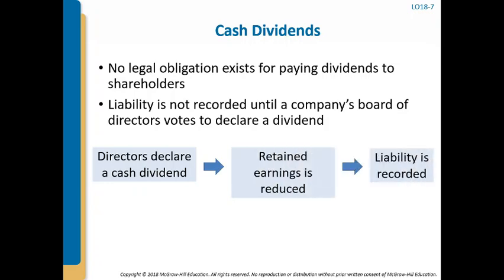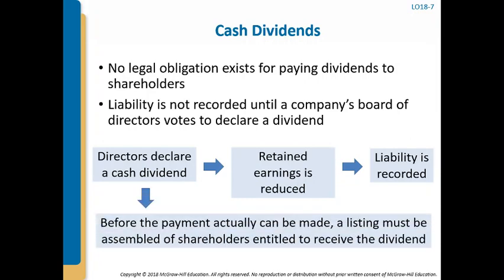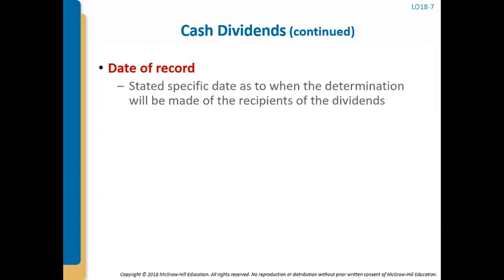When the directors declare a dividend, retained earnings is reduced and a liability is recorded. Now, a listing of all shareholders of record has to be determined. And so normally what they do is have different dates set out. A date of record and something called an ex-dividend date.